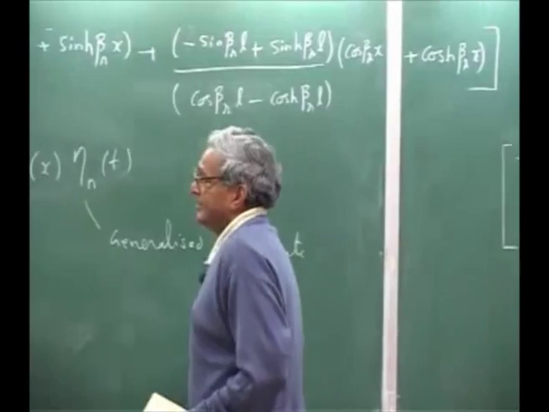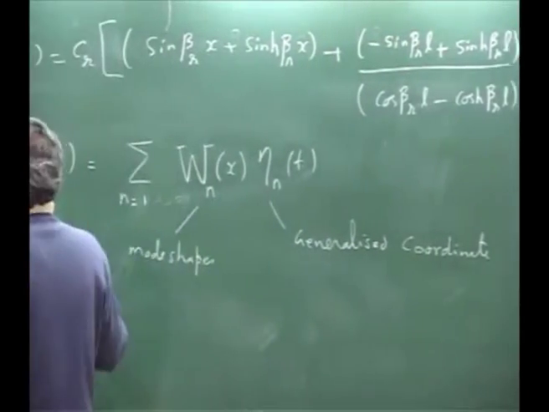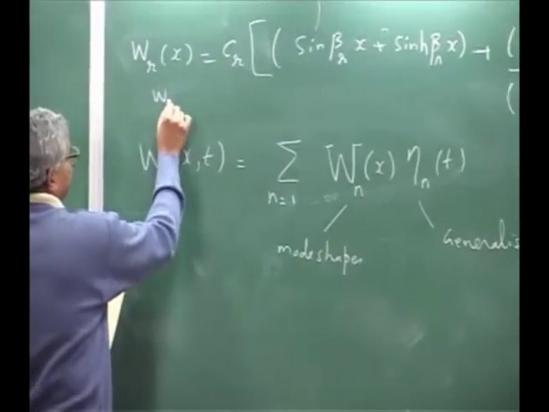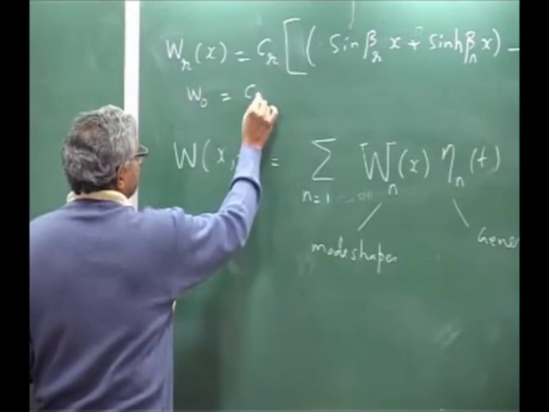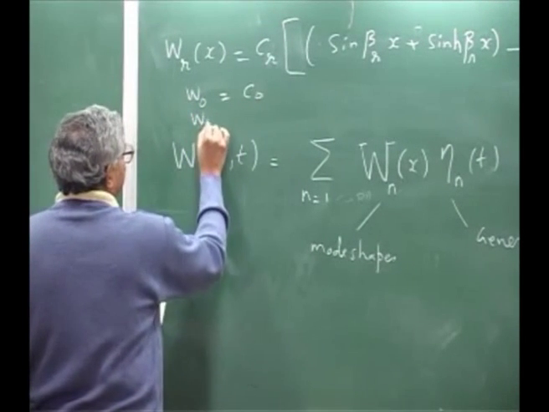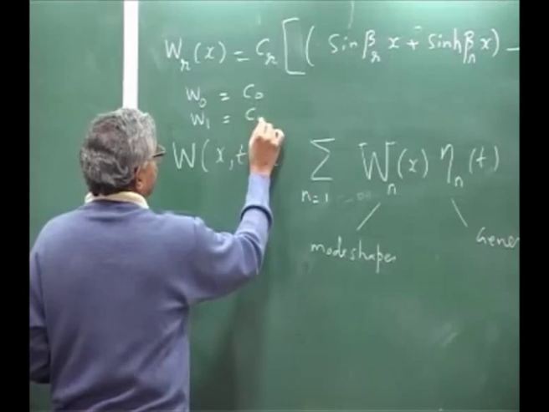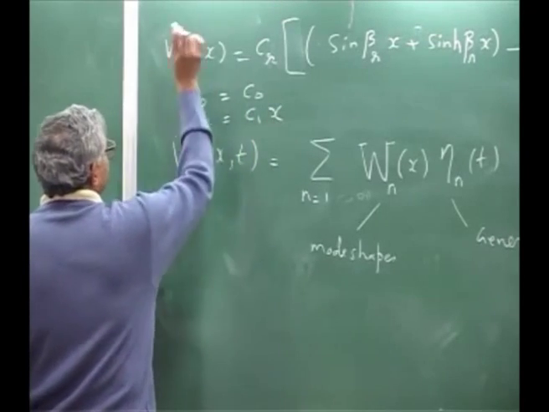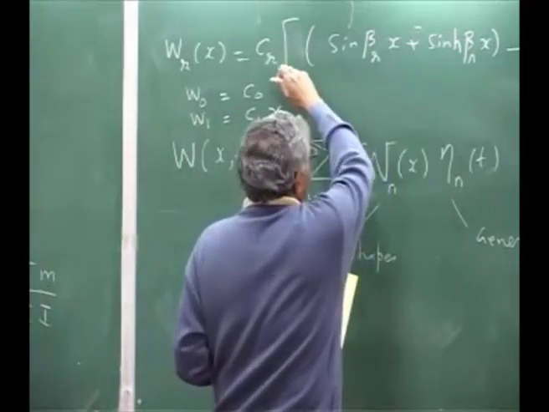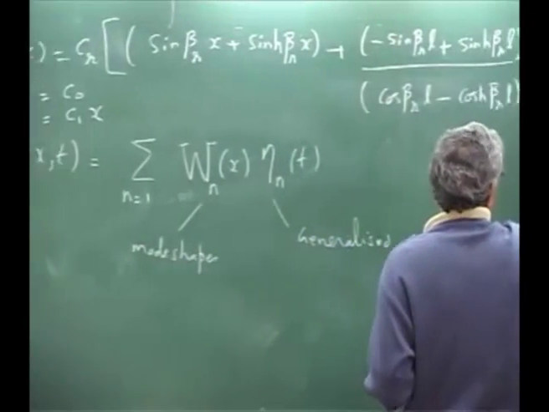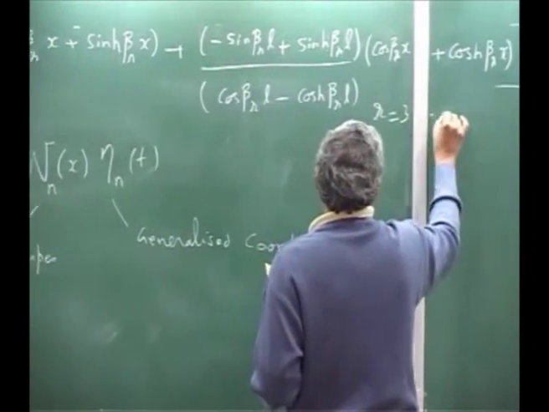Okay. And your W0, W1 exist. W0 is some constant C0 and W1 is some C1 x, R running from 3 onwards, because here R goes from 3, 4, 5, etc.